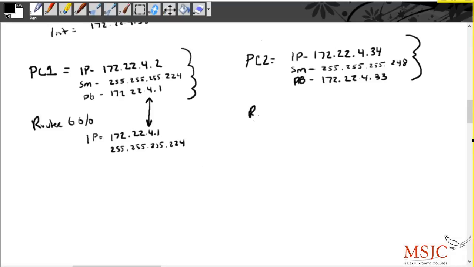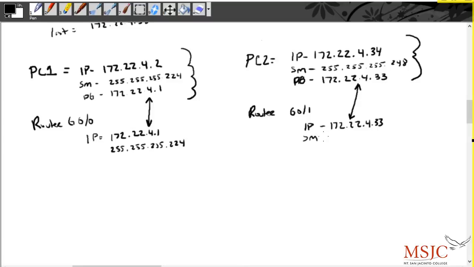Then we also have the router RT's G0/1 interface, whose IP will be on the support network. So it'll be 172.22.4.33. Notice that the default gateway of PC2 is also the IP of interface 0/1.